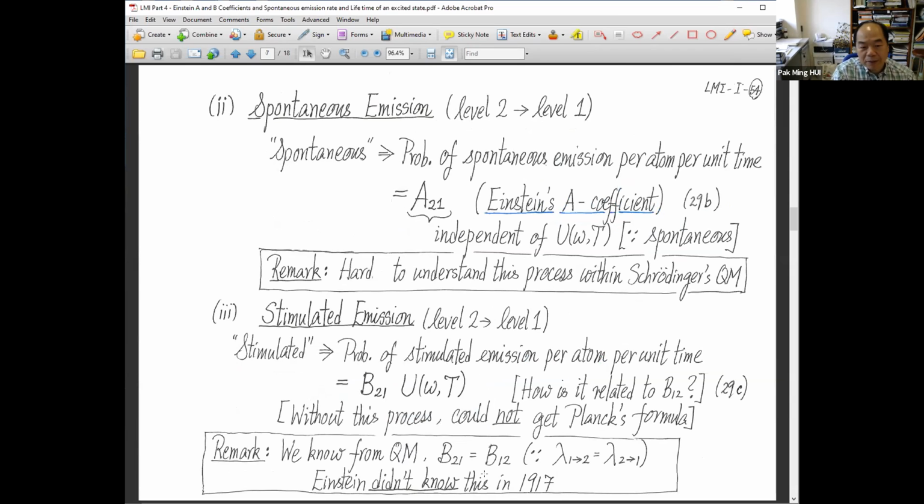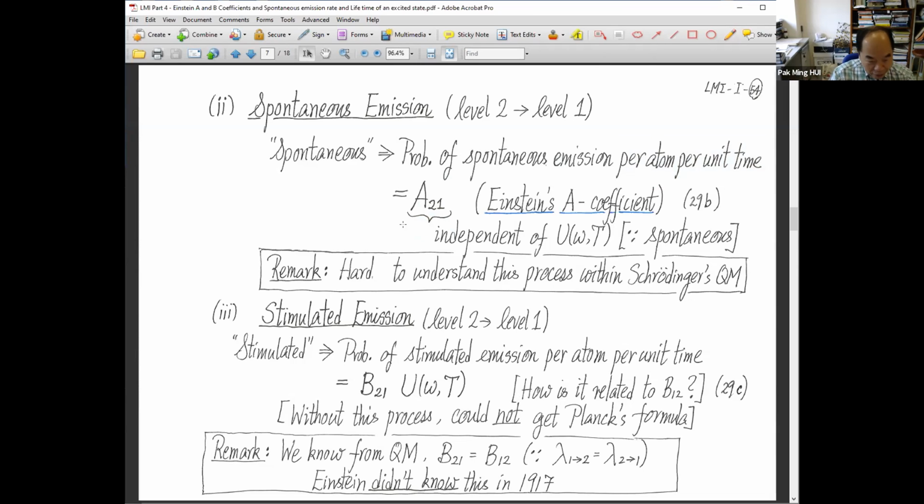The second process, spontaneous emission. By that, of course, we mean we don't need to stimulate it. Therefore, the probability per atom per unit time should not depend on the U term anymore for this process. So Einstein just introduced an A. It is emission, so from 2 to 1, that's why I label it A21. Okay? How about Schrödinger quantum mechanics?